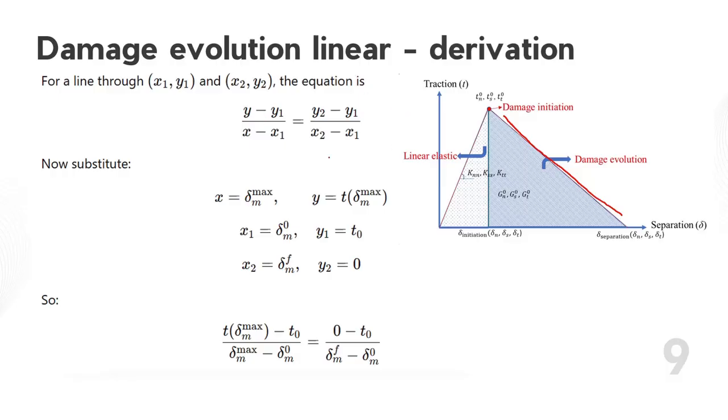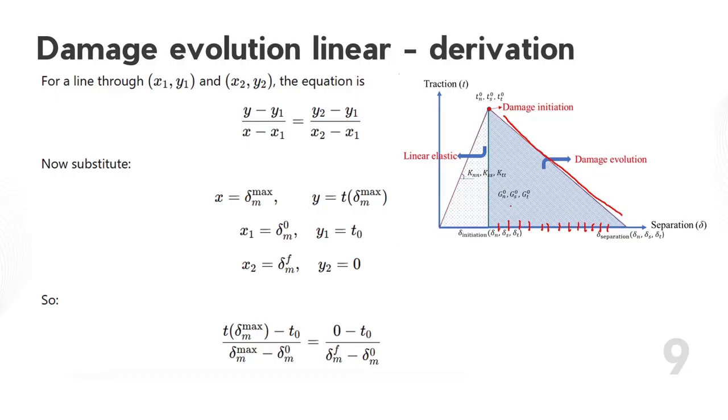So what you wanna do actually, once you double check what is happening here, y is traction, and x is basically the separation. So once the x is equal to delta max, those are the steps that you will be iteratively increasing.